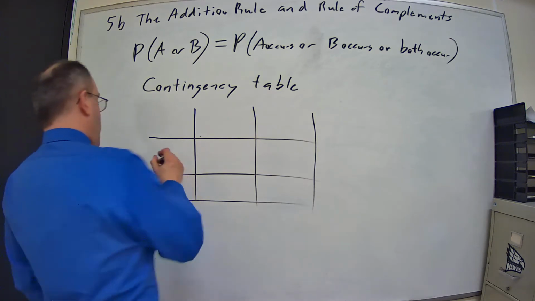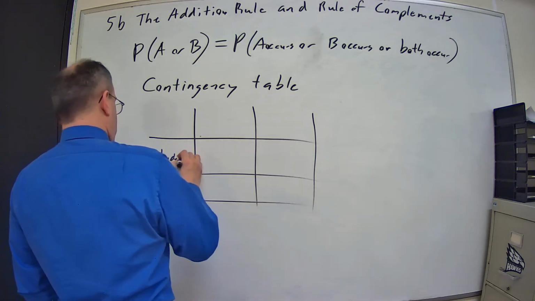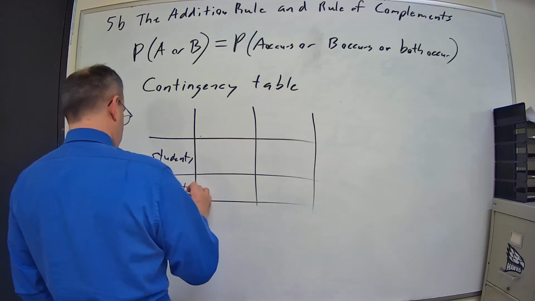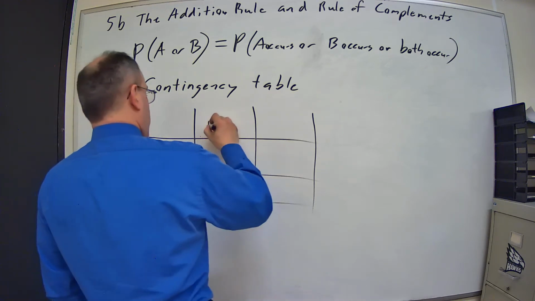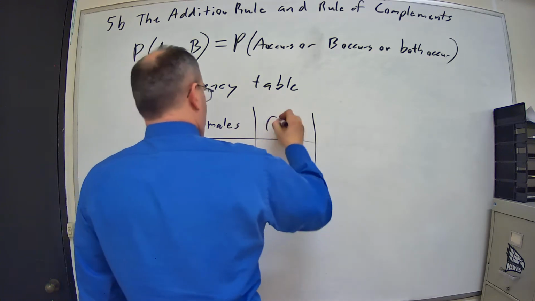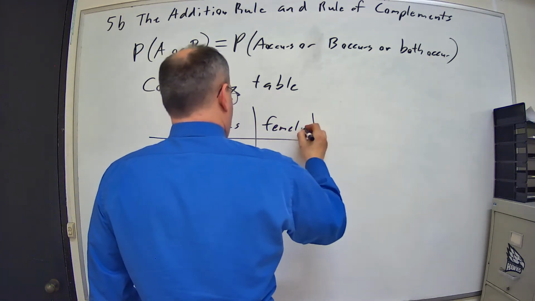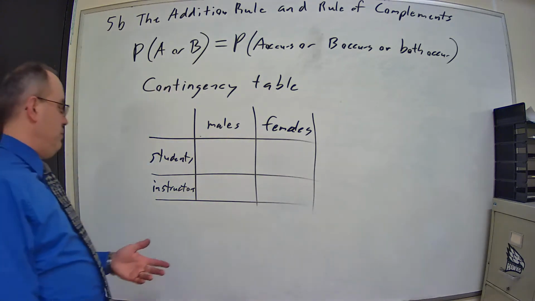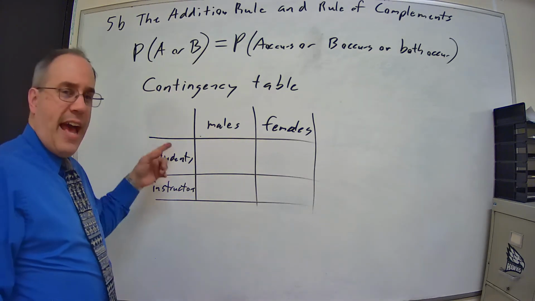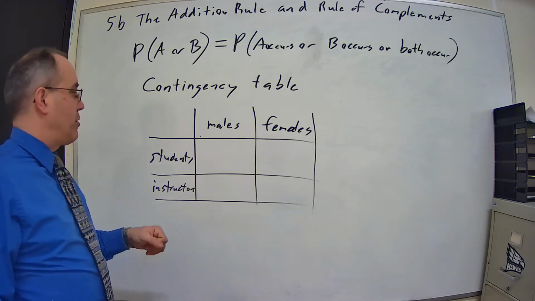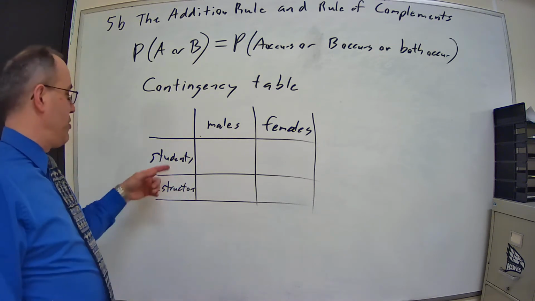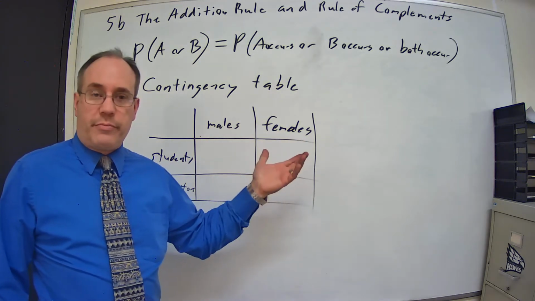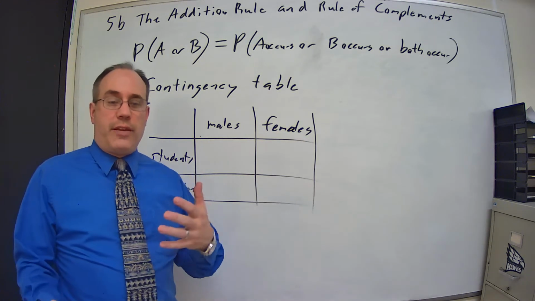Let's say I'm looking at students and instructors, and males and females. So I have two variables involved here: status in the classroom, student or instructor, and gender.